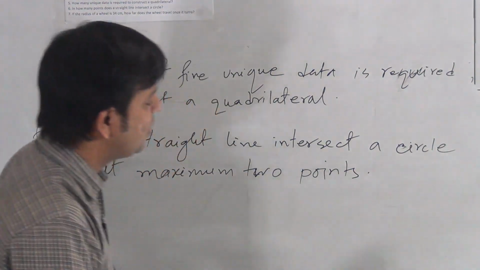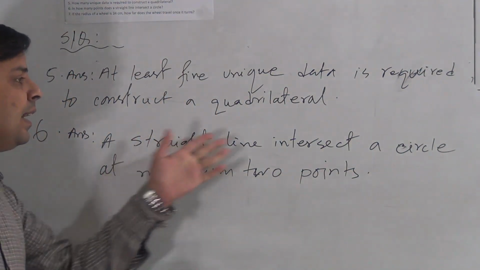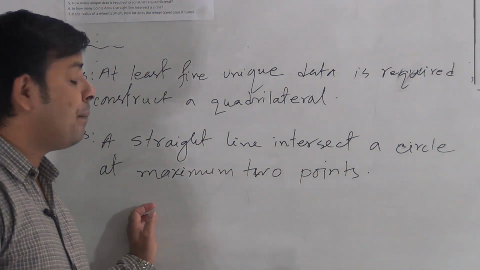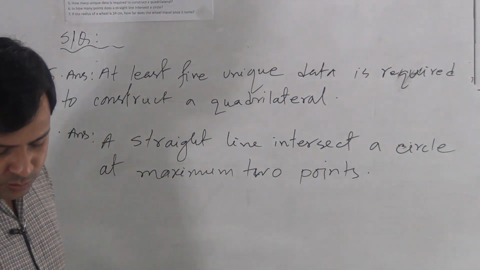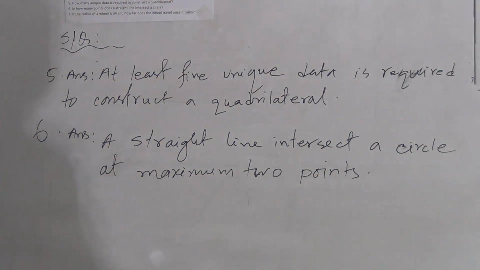At maximum 2 points. A straight line intersects a circle at maximum 2 points. Okay, now this is the last question today.